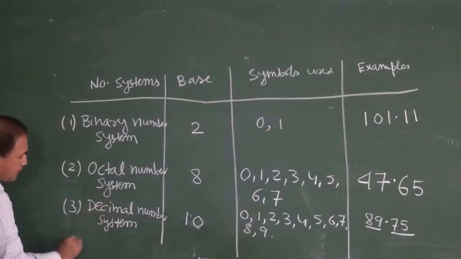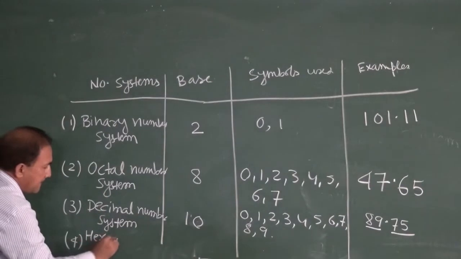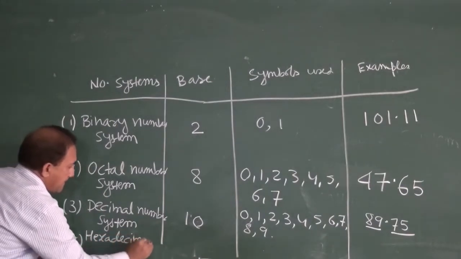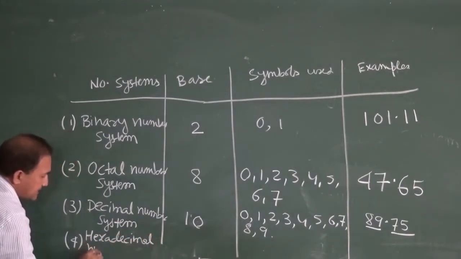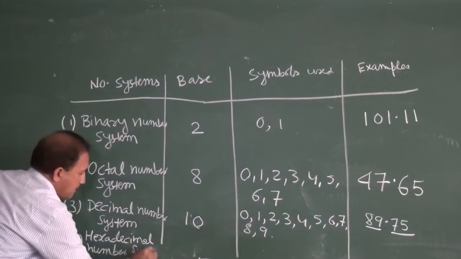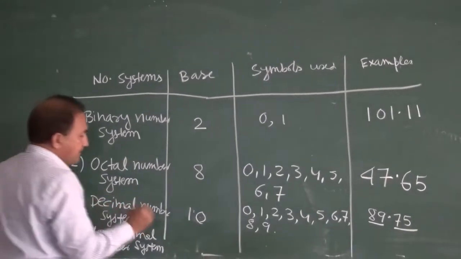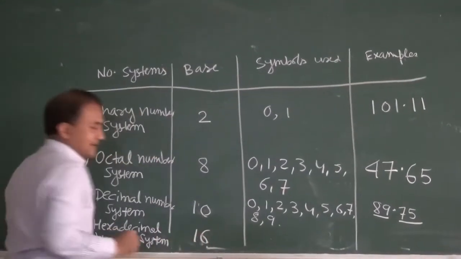Now, fourth is hexadecimal number system. In hexadecimal number system, base is 16.